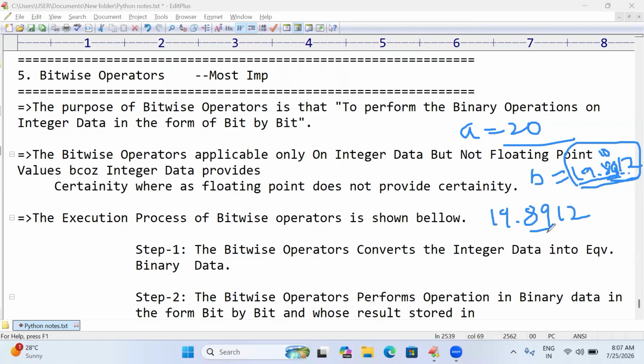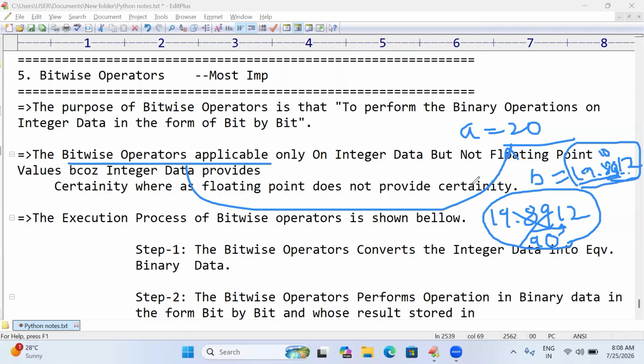If we consider significant figures, it is near to 90, so we might round off to 90. But next we have another value, 1, 2, like that, so it is an uncertain value. That is the reason bitwise operators are only applicable on integer data, not on float data.